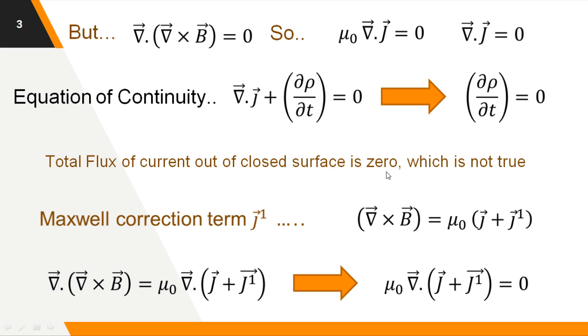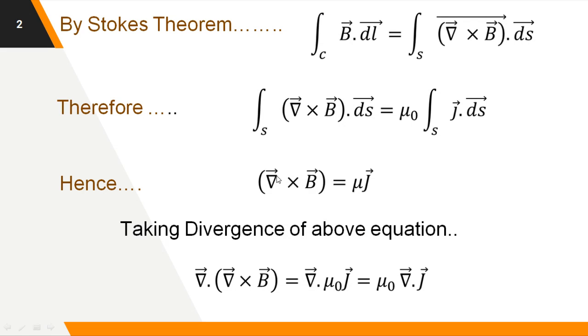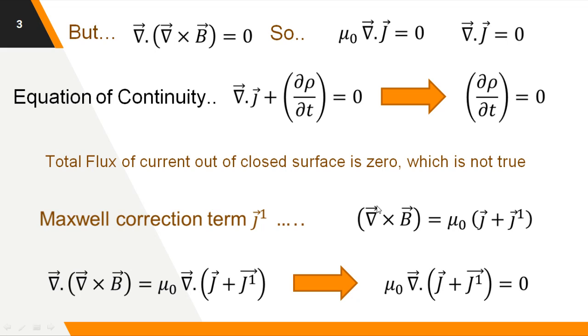We have to say the current is leaving. This is the discrepancy, or the difficulty, that arose in the previous equation, del cross B equal to mu naught J, if you consider this much only. In order to overcome this difficulty, Maxwell introduced one more term, J dash.